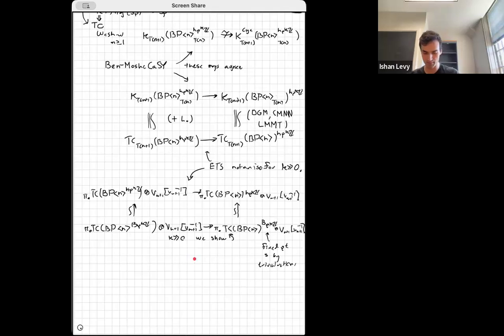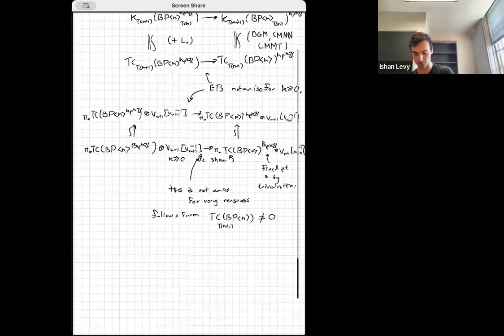And now the point is that this map is not an isomorphism for very general reasons, namely, it follows from the fact that TC of this BPn, Tn plus one locally, is non-zero.